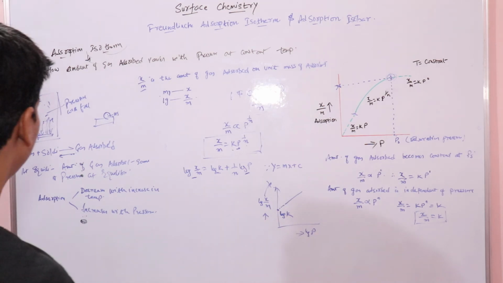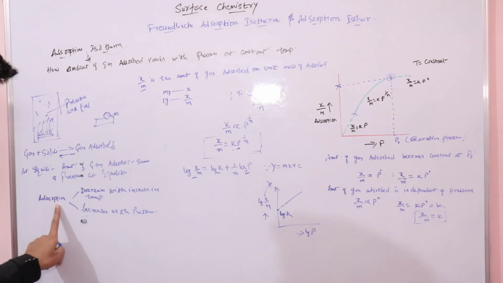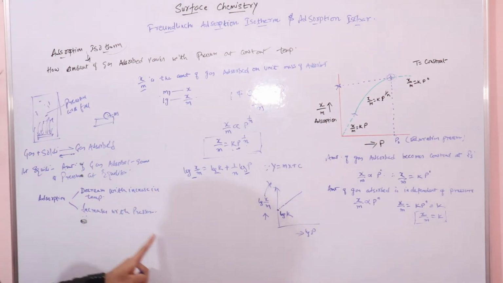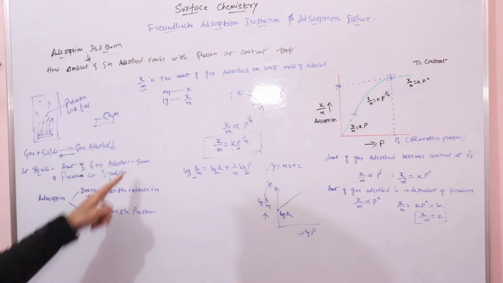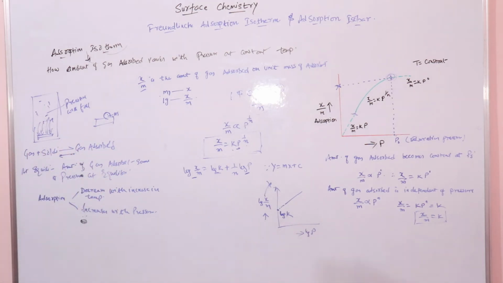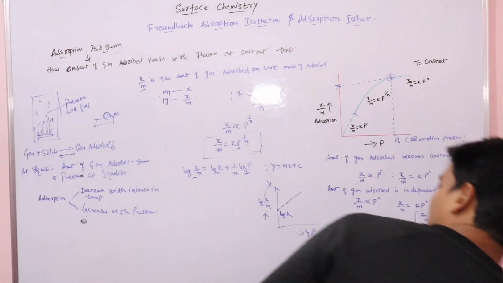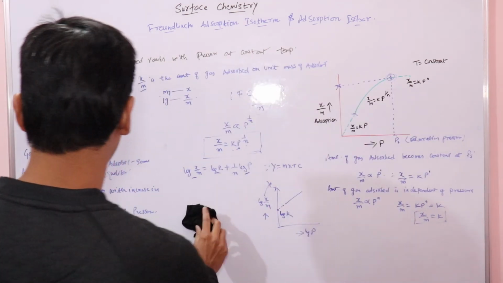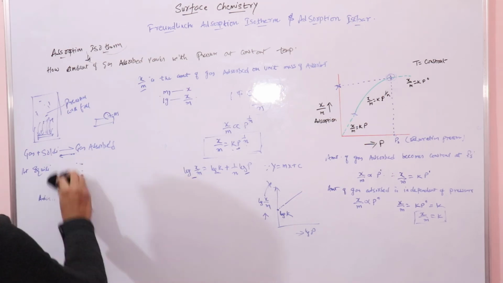So this is it. Just remember that adsorption increases with rise in pressure, right? And it's an equilibrium process. Now we'll quickly look at adsorption isobar. Iso means same, bar is for pressure.